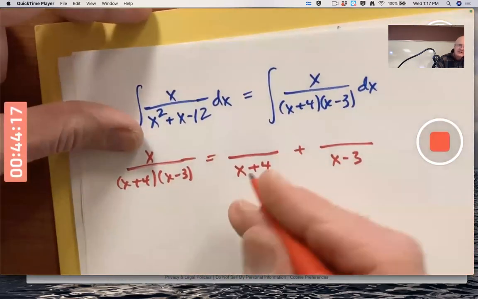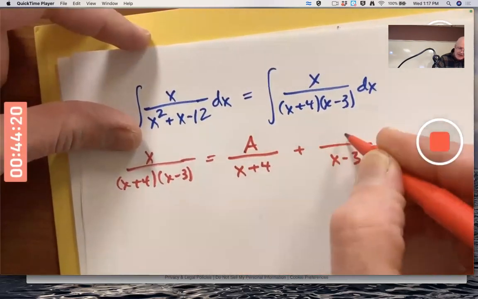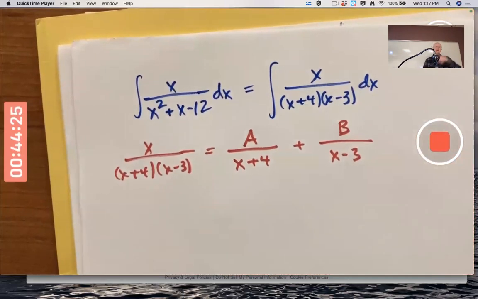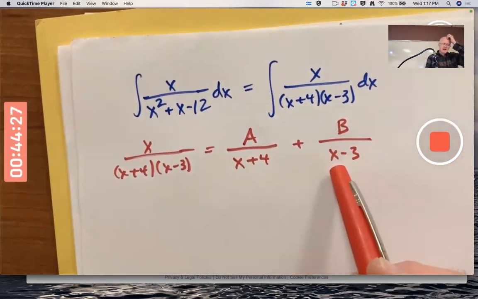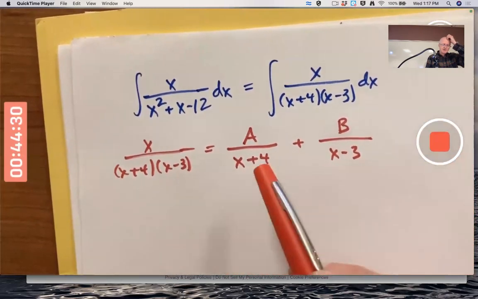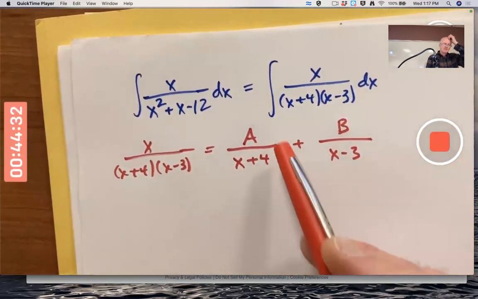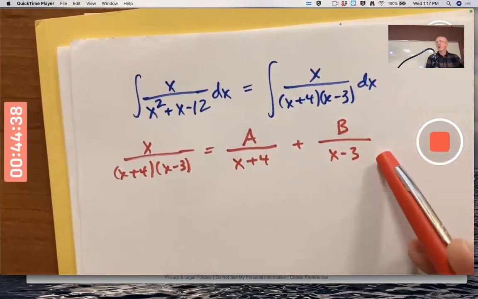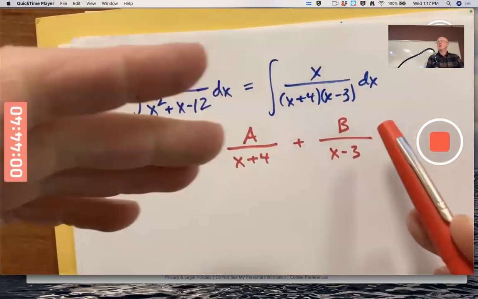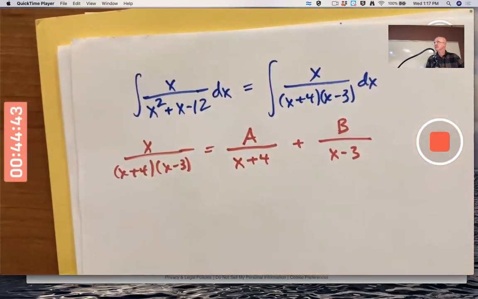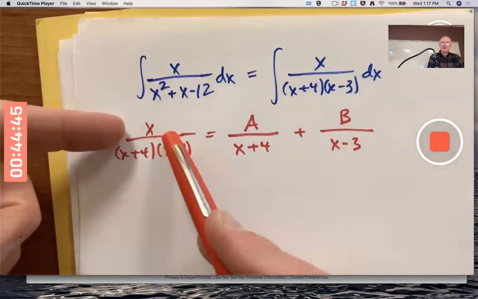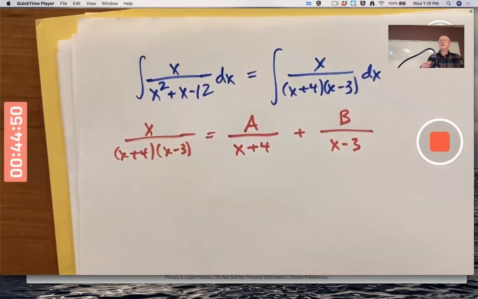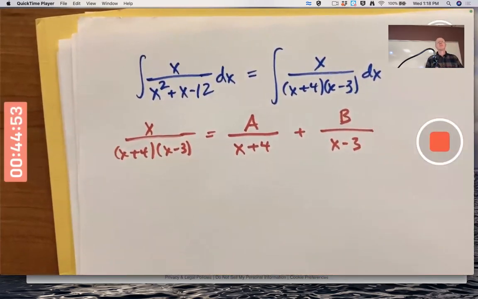And if you made the numerators constants, call them capital A and capital B, think about it with me here, and you tried getting a common denominator of x plus 4 times x minus 3, with this fraction, you'd have to multiply the top and the bottom by x minus 3. And with this one, you'd have to multiply the top and the bottom by x plus 4. In both cases, the numerator would then involve x, a first power of x, and possibly it could simplify to just x if the constants canceled. That's the intuition behind why this might work.